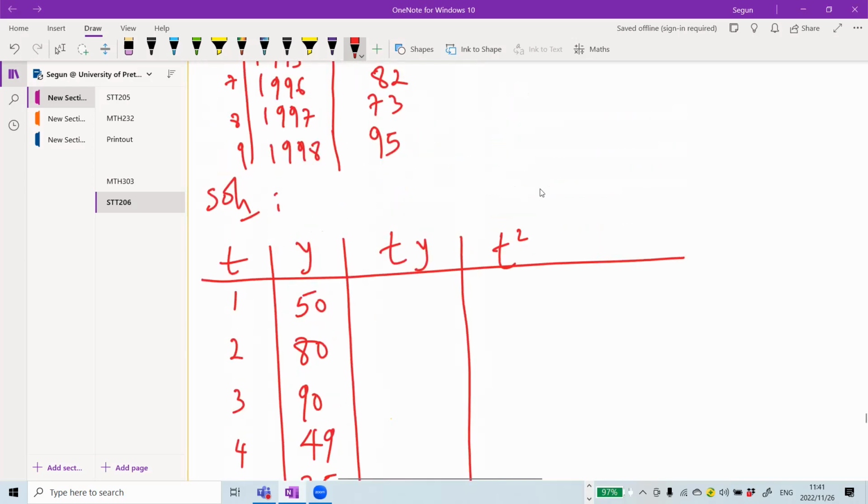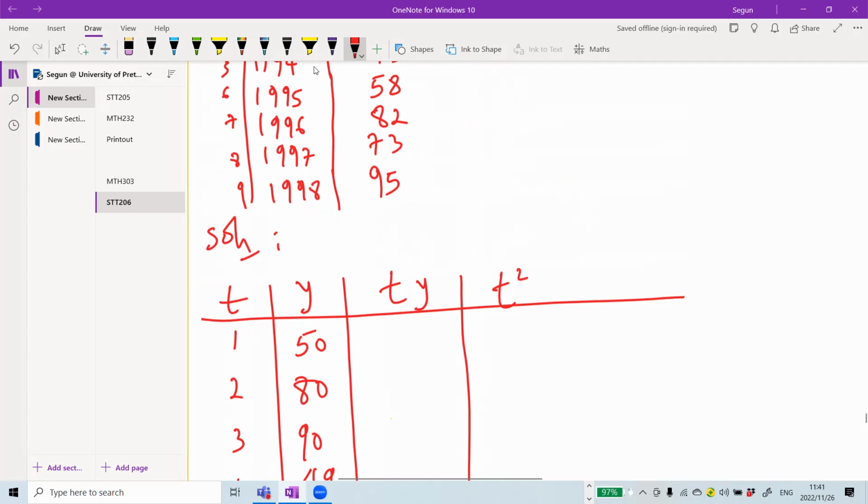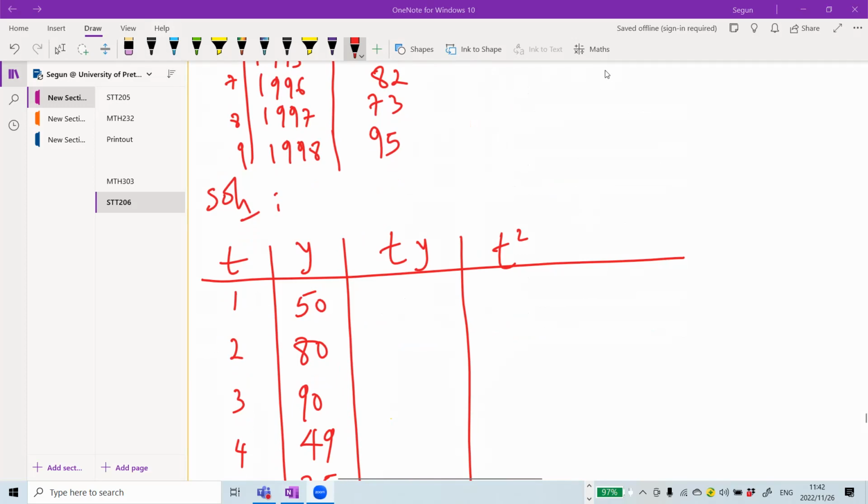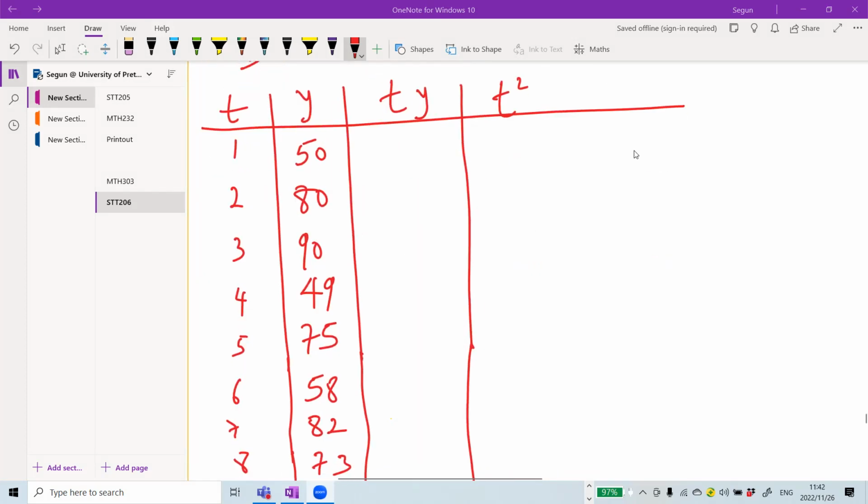Aransiola, we are doing T squared for us. Are you there? Yes, sir. What's the question? T square is 100.